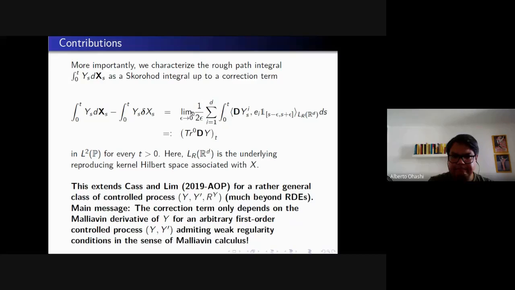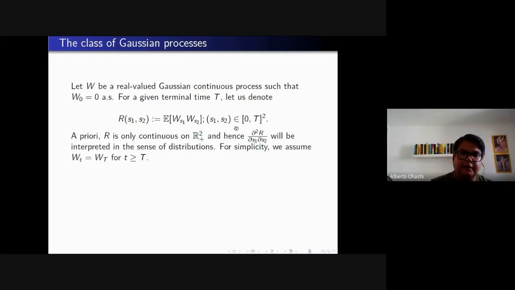And y and y prime is a controlled process in the sense of rough paths, if we assume that it admits very weak regularity in the sense of Malliavin calculus. If this is the case, then this formula here holds true. So now I want to give the details of the framework.